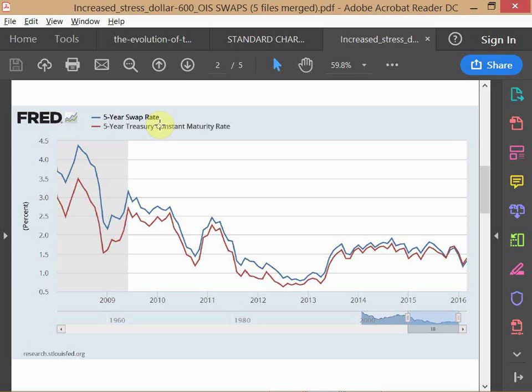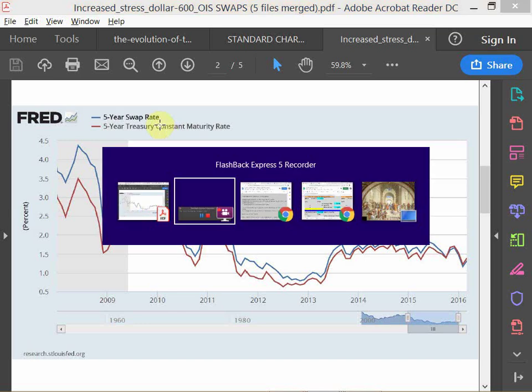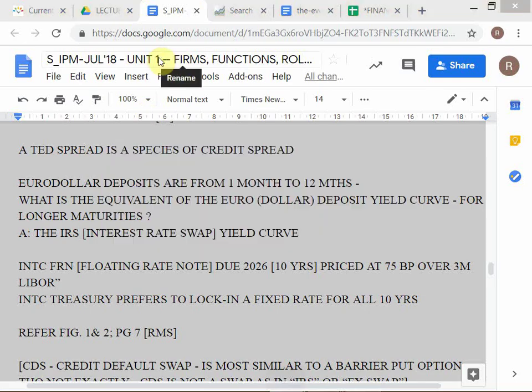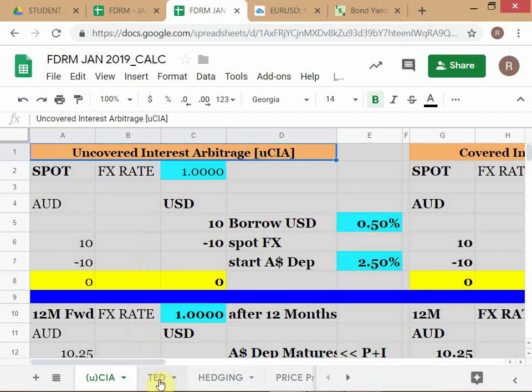The TED spread is typically a money market phenomenon, because we've got the euro dollar there, so there is a US dollar based discussion. The TED spread is the spread between euro dollar deposits and the treasury bill yield. We calculate it by deducting the treasury bill yield from the LIBOR yield.